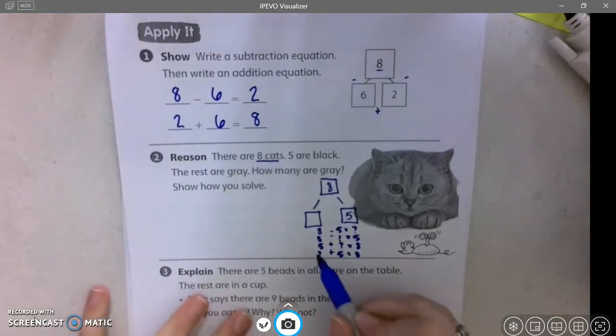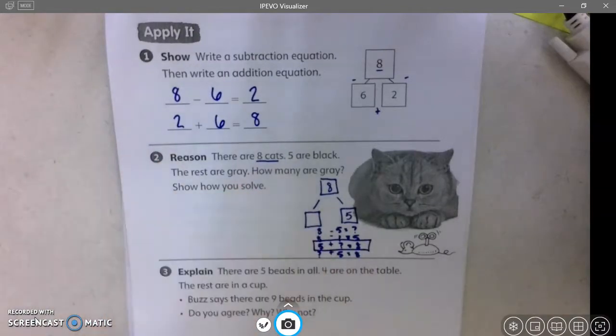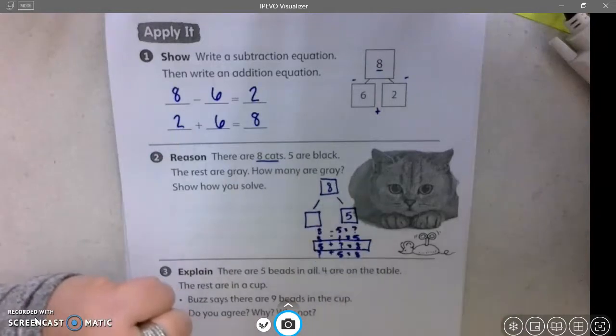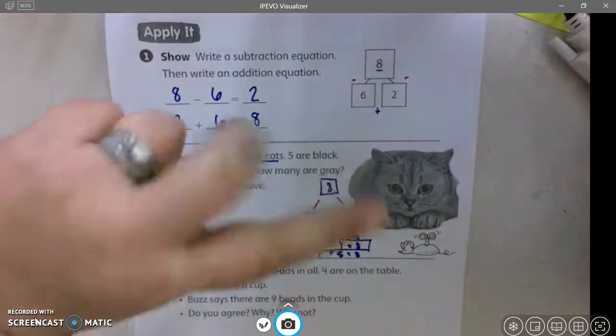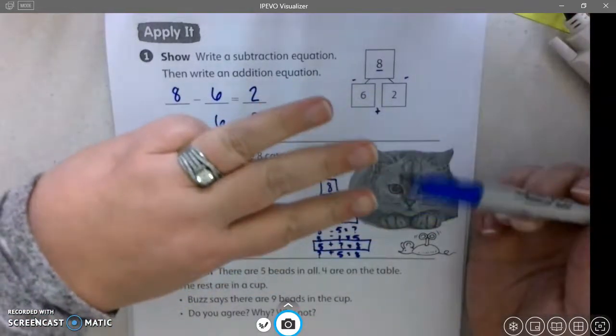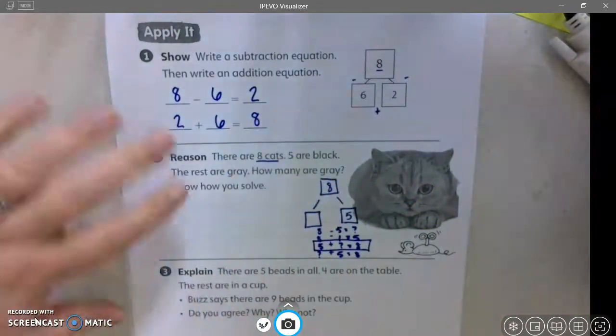For me personally, I like this one. I use my counting on strategy using my fingers, and I'm going to start with 5, and I'm going to count to 8. 5 is in my head. 6, 7, 8. Oh, I got to 8, so I'm going to stop. How many fingers am I holding up? I'm holding up 3 fingers.